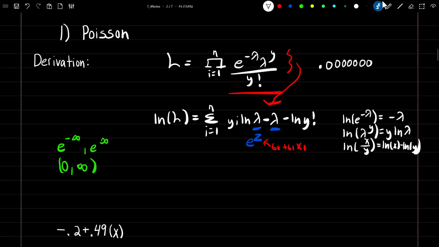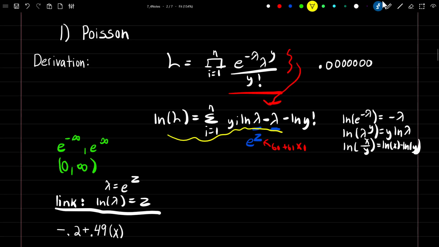So since our lambda is equal to e to the z, our link function is going to be the log of lambda is equal to z. So this is our link function. We're going to choose values for our parameter estimates that ultimately maximize this equation, or our log likelihood.